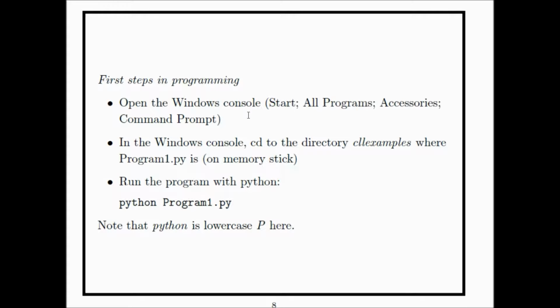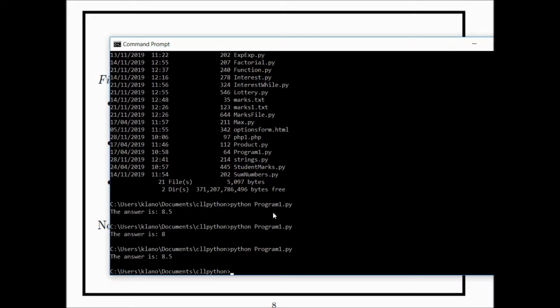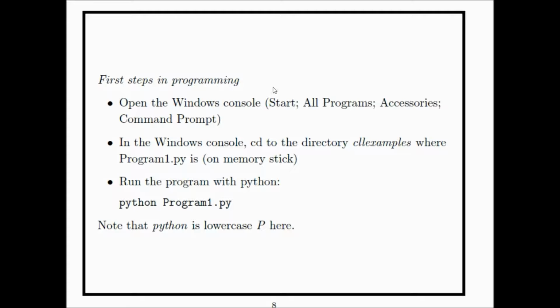So in that console, make sure you're in the directory where the programs are stored. In this case it's called CLL Python. It's the same name in fact as the web directory where they've come from. And run the program: python program1.py. Notice that python is lowercase.